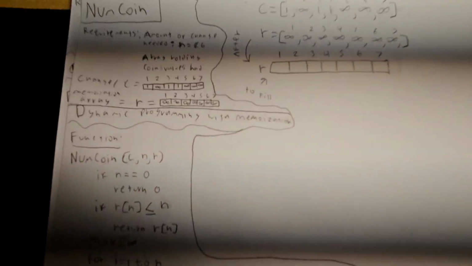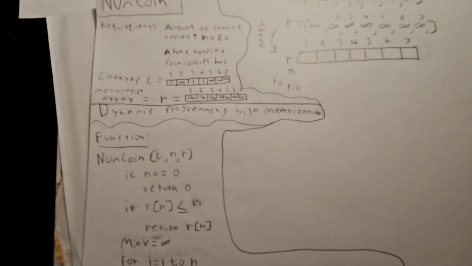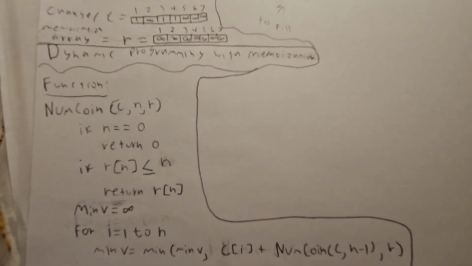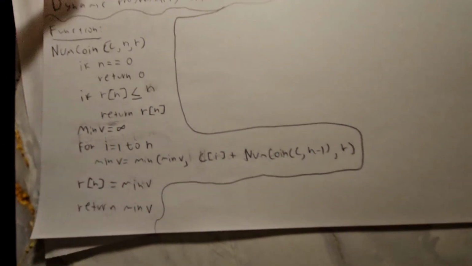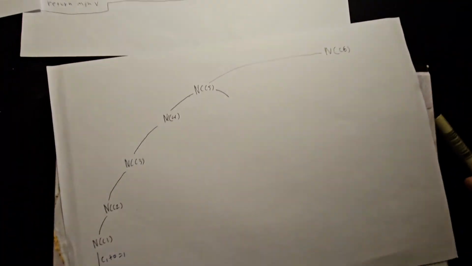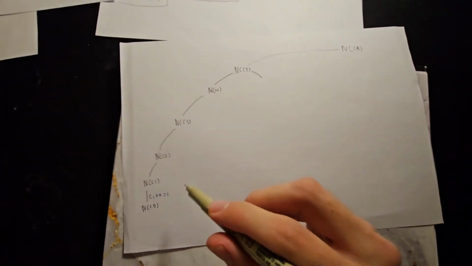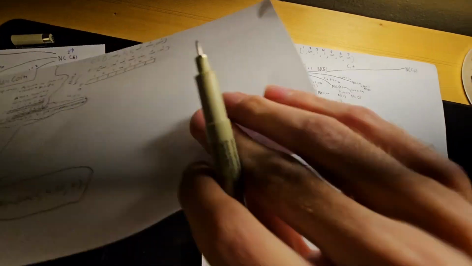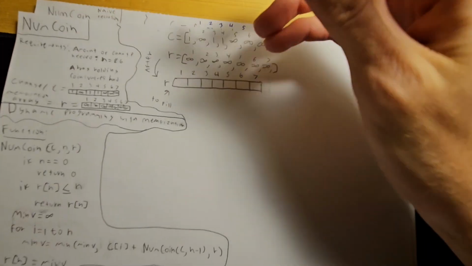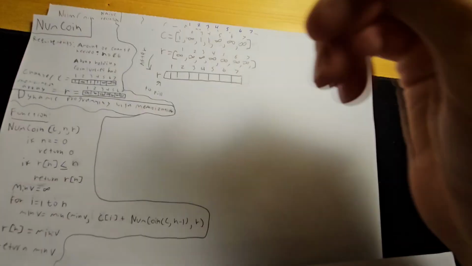As you can see here, I have it set to if r of n is less than or equal to n, return r of n. And then also r of n equals min v. So we're going to find that min v of 1. We're going to index that in r of 1. So that is now saved.